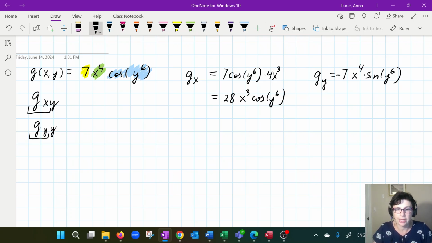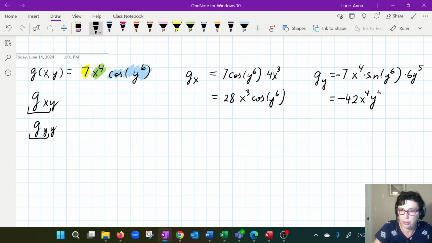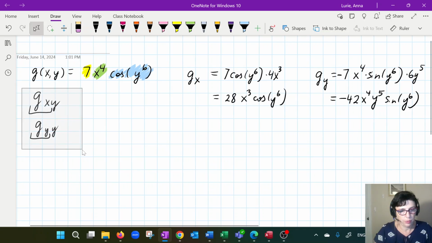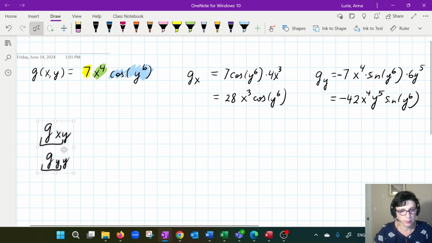And chain rule says, okay, times the derivative of that something, which is going to be 6y to the power 5, according to the power rule. So combining that, I'll get negative 42 x to the power 4, y to the power 5, sine y to the power 6. Okay. All right, so now let me grab these two and see if I can move them a little bit down here.